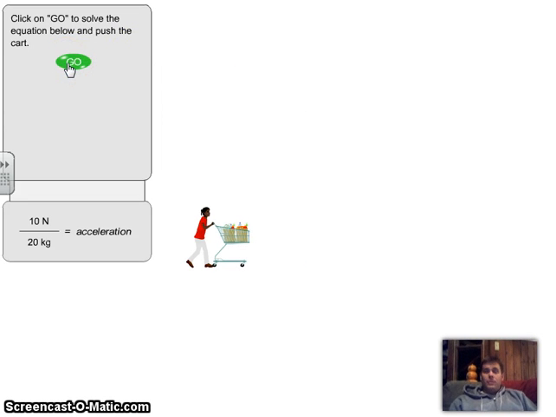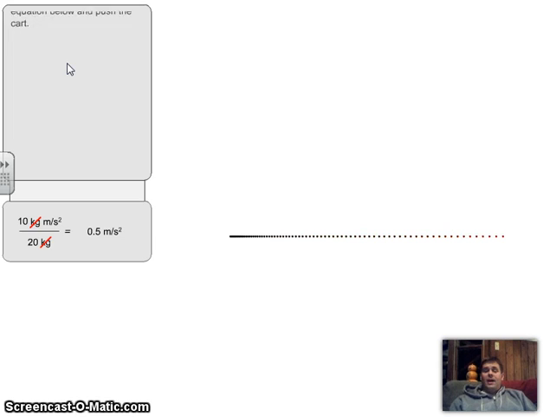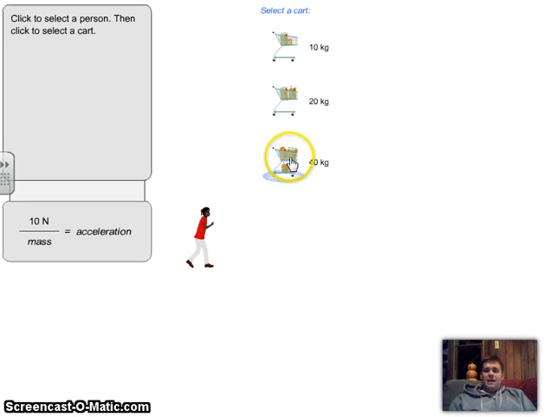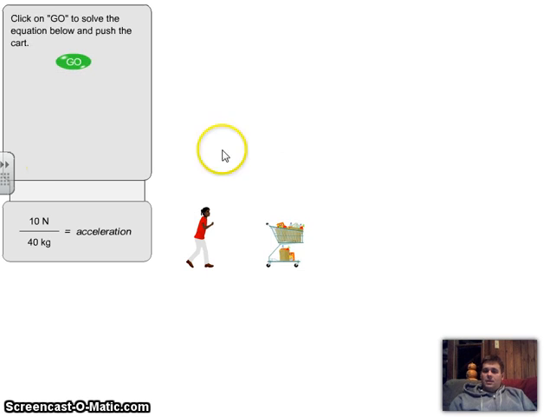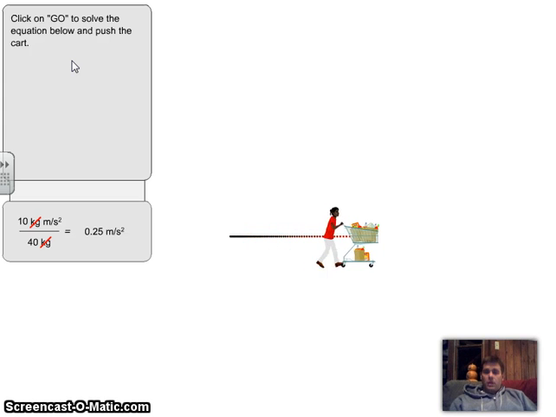Now I get 10 newtons over 20 kilograms, and an acceleration that is half as much, 0.5 meters per second per second. So if my force is constant and my mass increases, my acceleration gets smaller. Big mass, small acceleration.